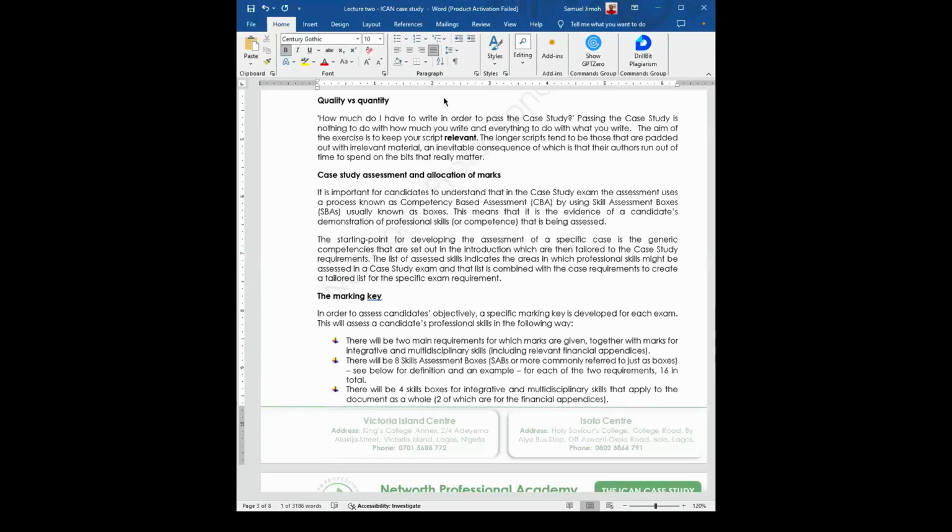Of course, little with quality makes the difference. It is the best for case study exam. And what makes quality in this exam is when your script stays relevant throughout the case. And when I talk about relevancy, it means that you are only answering what the requirements set before you in the exam. That's what makes you relevant.